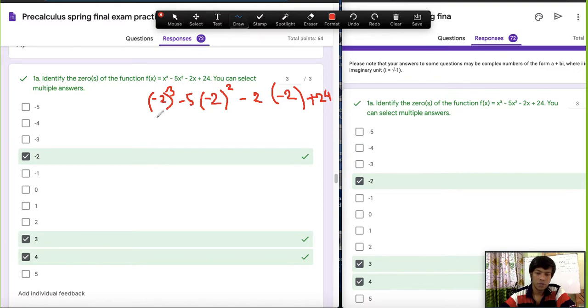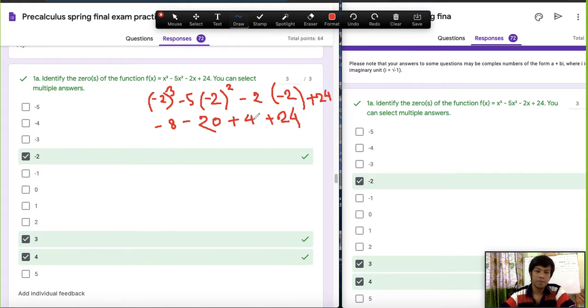So minus 2 cube means minus 8, then minus 2 whole square means plus 4, plus 4 into 5 means minus 20 total here, then minus minus plus 4, so we have plus 4 here, and then later it is 24.